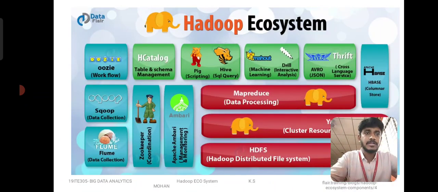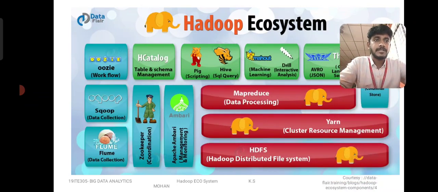Followed by the Hadoop ecosystem, we have the same thing as in the previous slide. MapReduce does data processing, and YARN handles cluster resource management in the Hadoop ecosystem. Then HDFS is the Hadoop distributed file system.